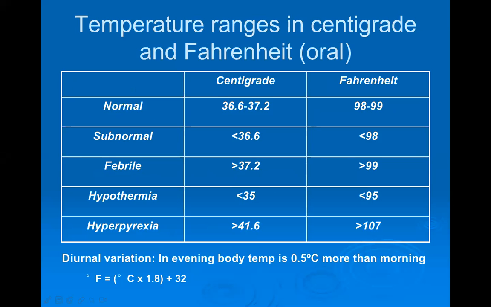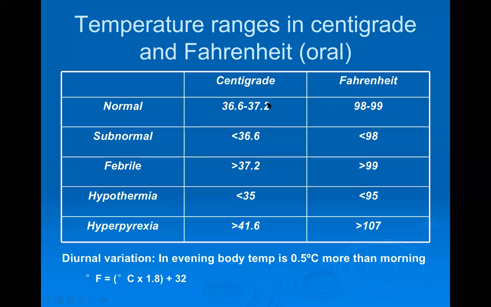Now, before we go on to the discussion of pathogenesis of fever, all of you please focus on this slide. This is the temperature range in centigrade and Fahrenheit, and this is the oral temperature. The normal range is 36.6 to 37.2 degrees centigrade, and this is the Fahrenheit scale.